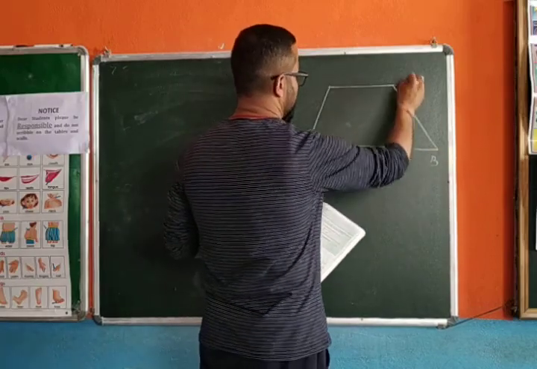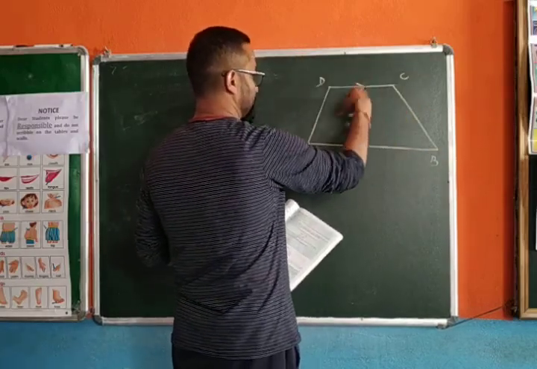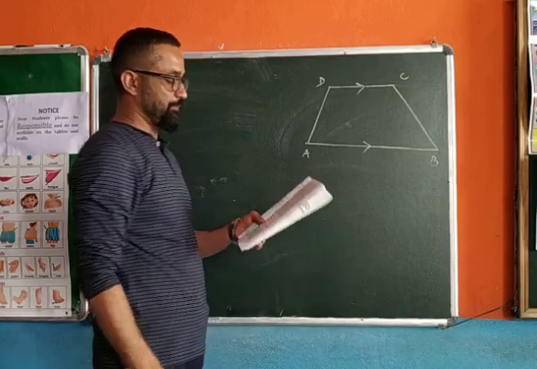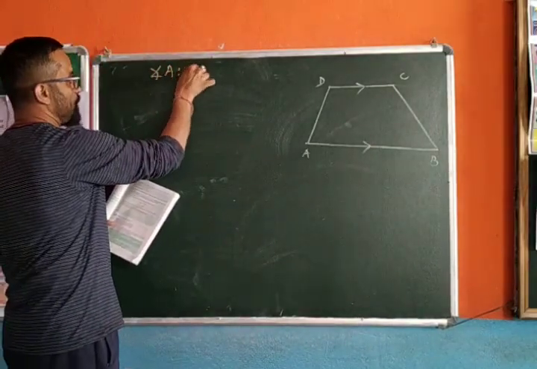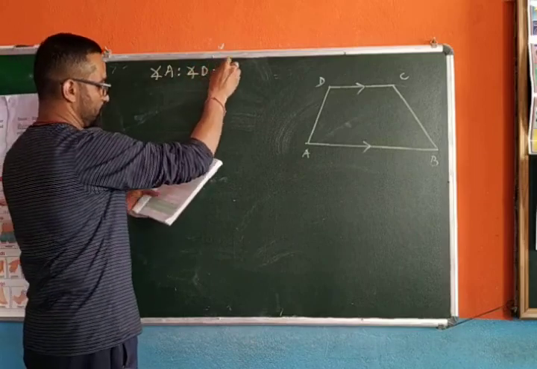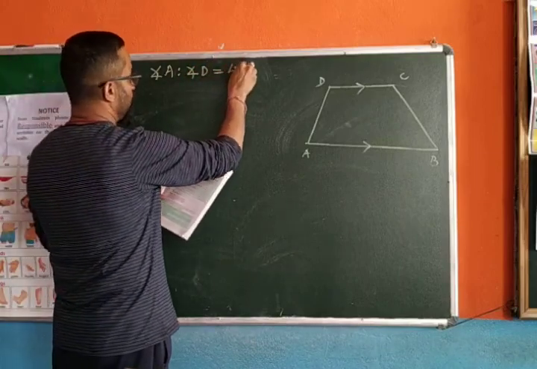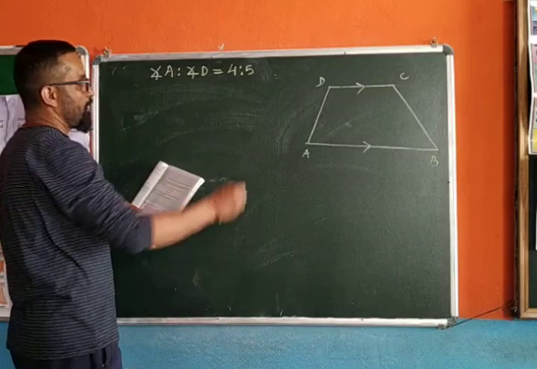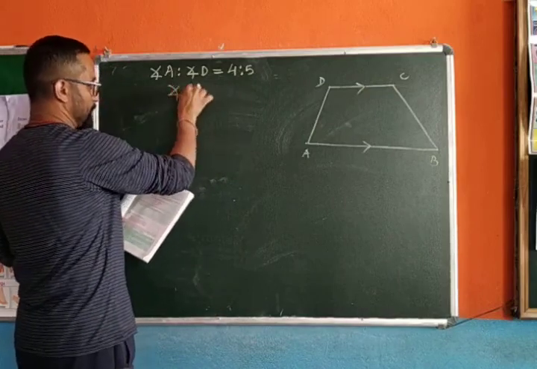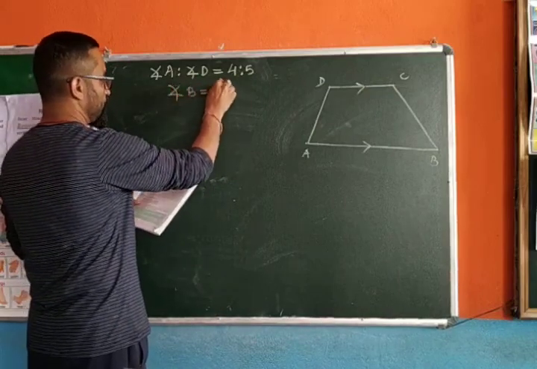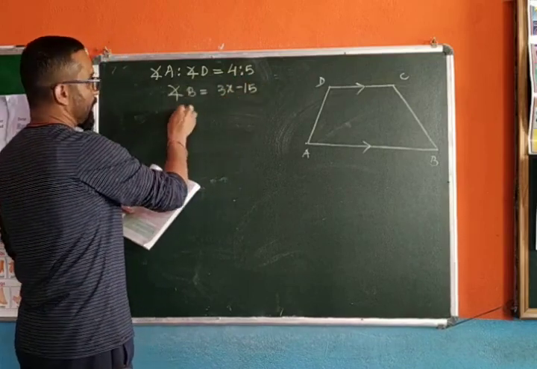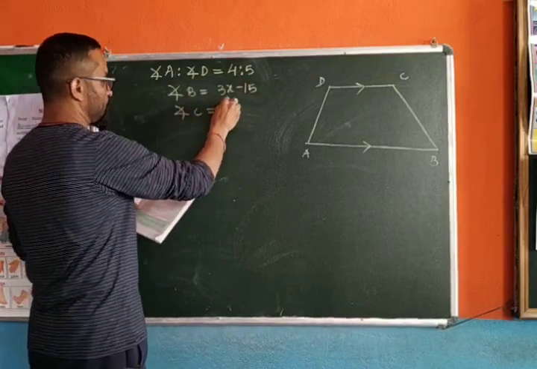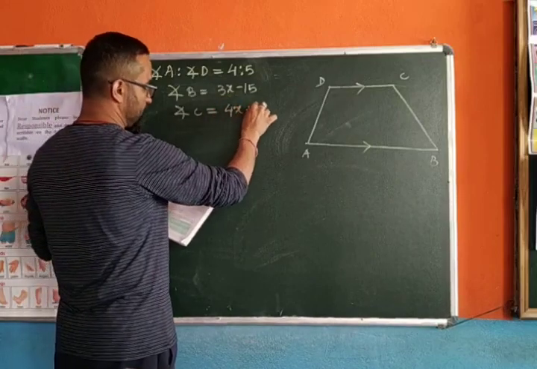Ratio of angle A to angle D is 4:5. Angle B is given, which is equal to 3x minus 15. Angle C is given, which is equal to 4x plus 20.